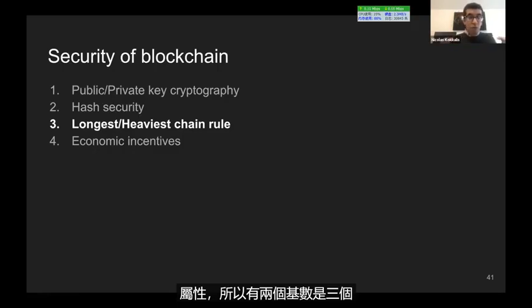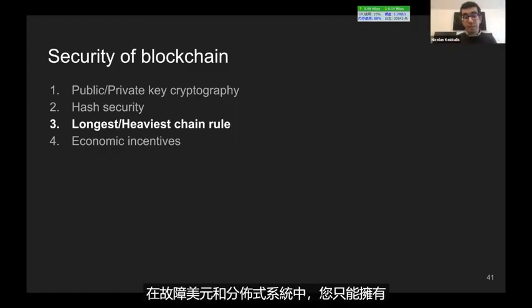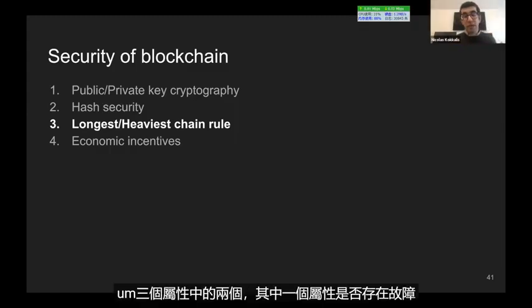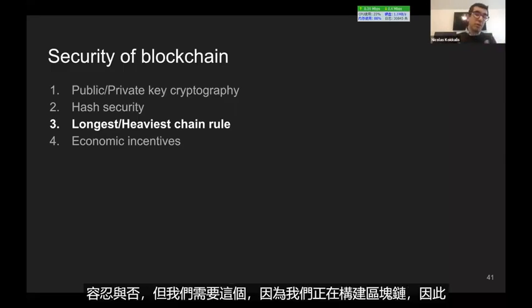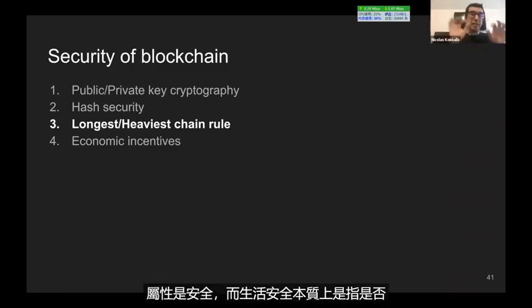There is an old computer science theorem that has been proven, that in fault-tolerant distributed systems, you can only have 2 out of 3 properties. One of the properties is fault tolerance, but we need this because we're building a blockchain, so we can't give up on that. The other 2 properties are safety and liveness.